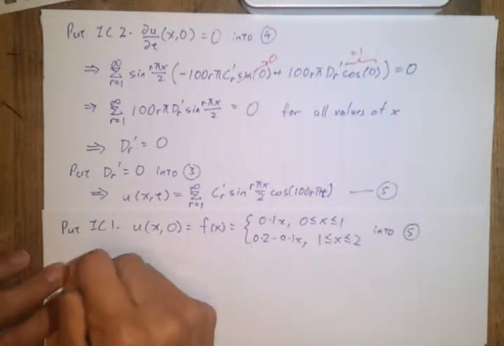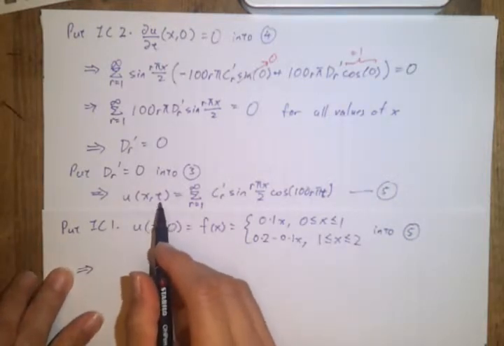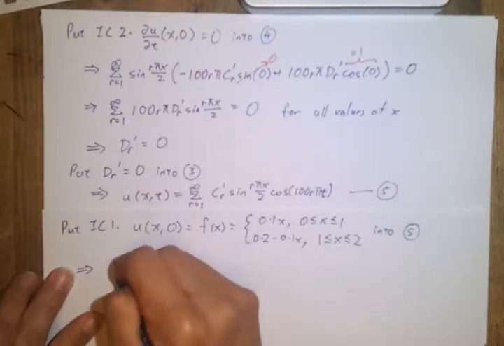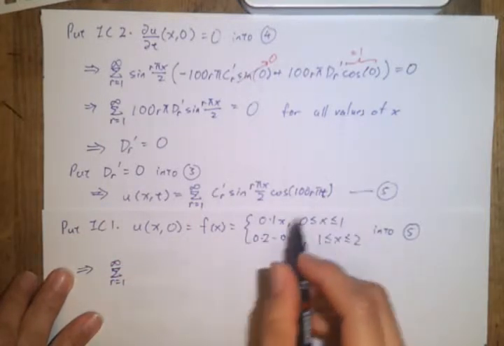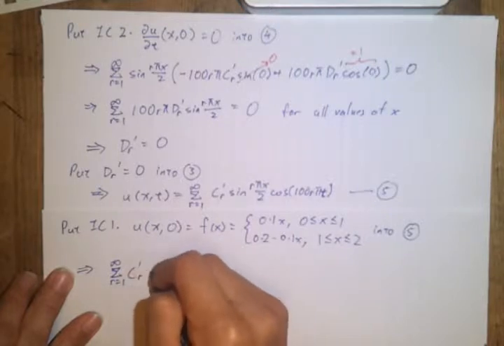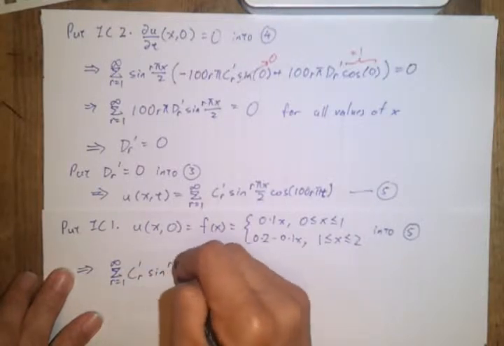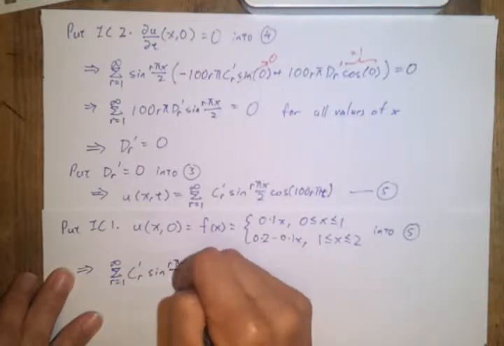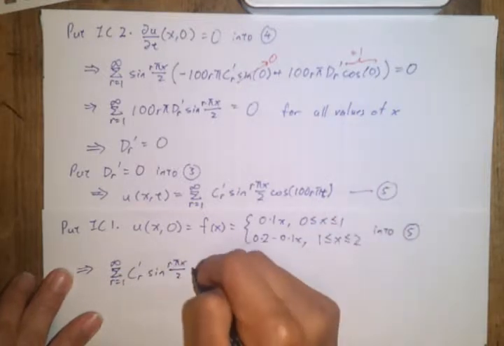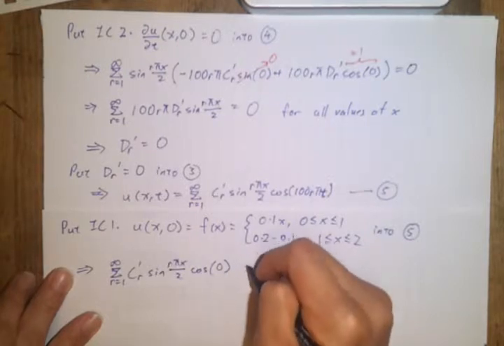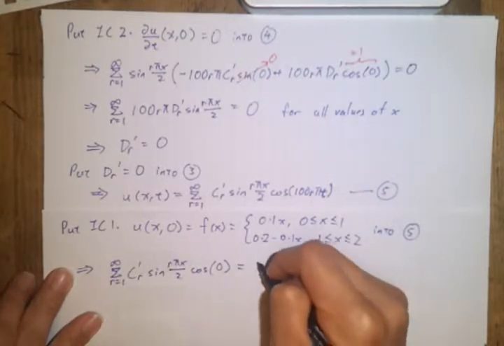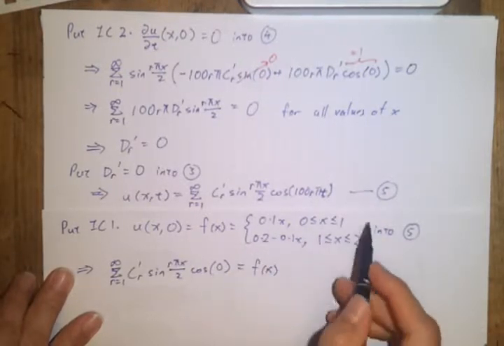Well, I put t equals 0 here. That's C R prime sine r pi x over 2. T is 0, so this just becomes cos 0, and this must equal f(x). And f(x) is defined here.